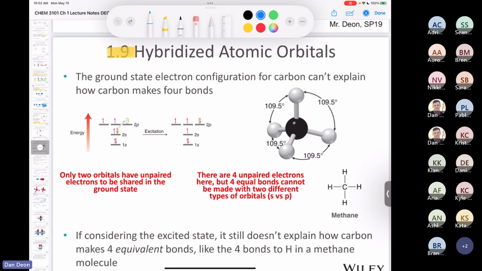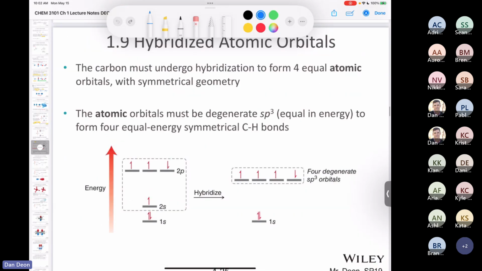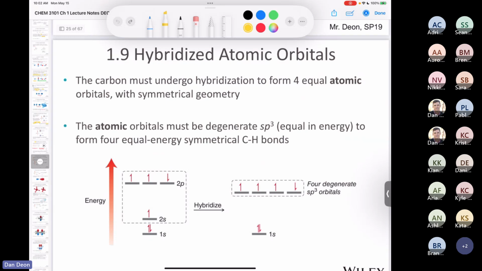It's because you have 4 electrons in degenerate orbitals. Again, those are the 4 sp3 hybrid orbitals. So we explained that right here, and I showed you where these 4 degenerate sp3 orbitals come from. I showed you how to draw an sp3 orbital, and that explains the tetrahedral molecular geometry of methane.